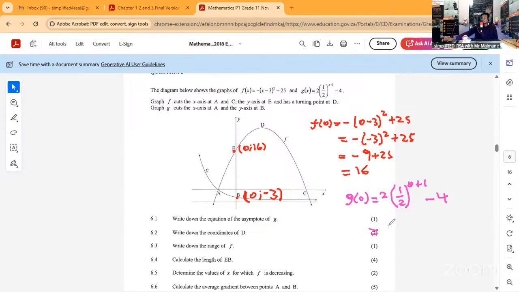So it's going to be 2 times the exponent 1 over 2, minus 4.